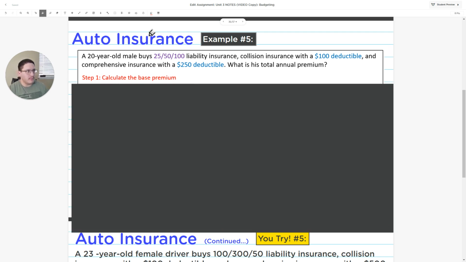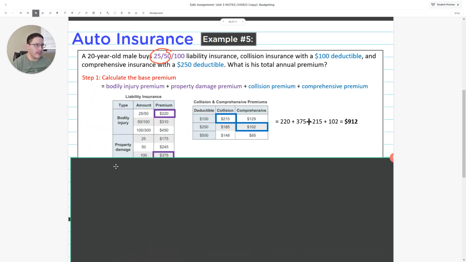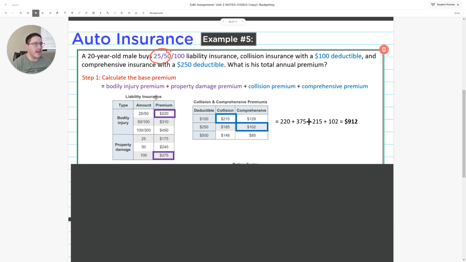These first two are going to talk about the liability insurance, okay? The bodily injury part of the liability insurance.